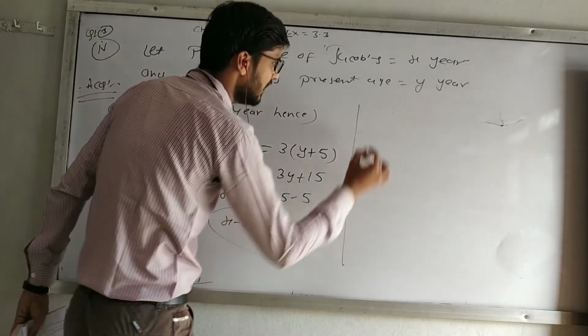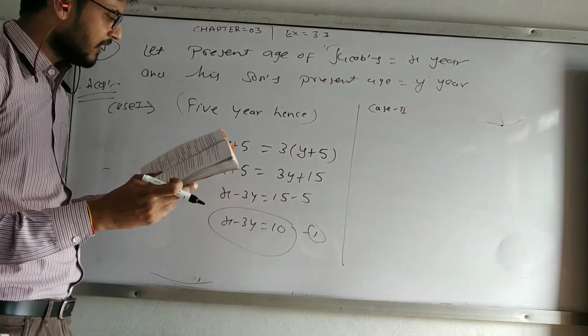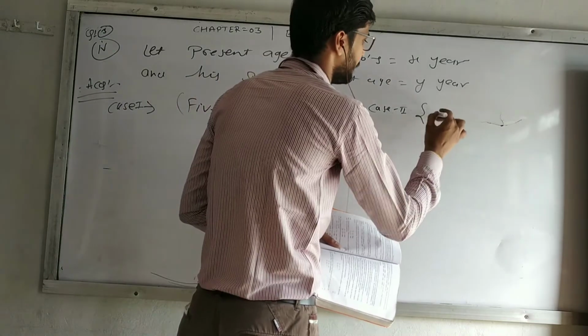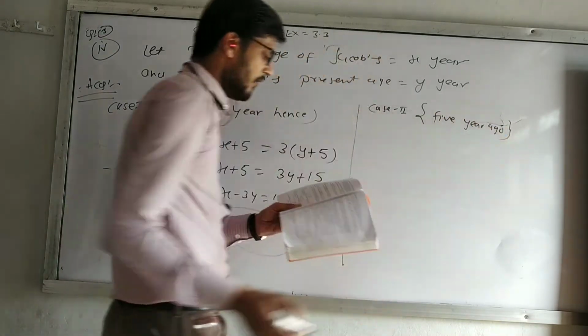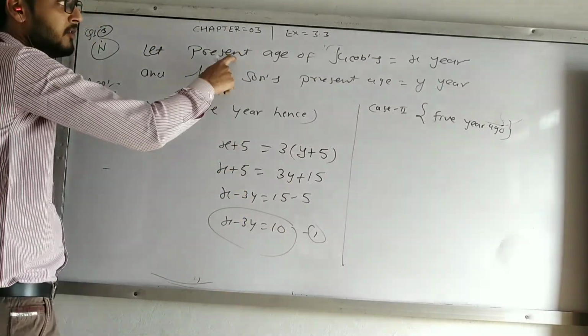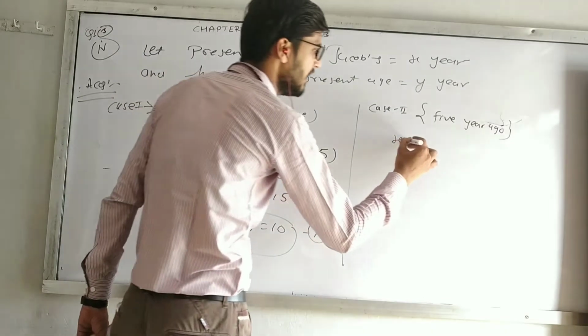Now case second is 5 years ago. What is Jacob's age 5 years ago? The present age of Jacob is x, so we subtract 5.